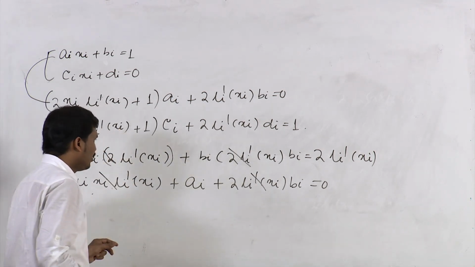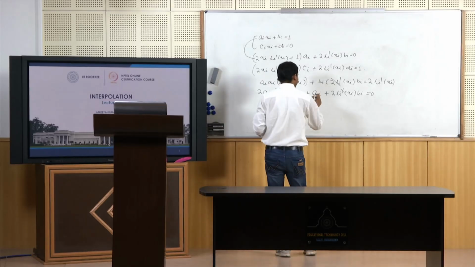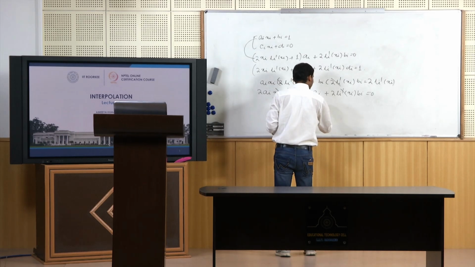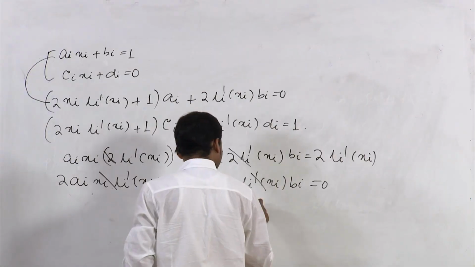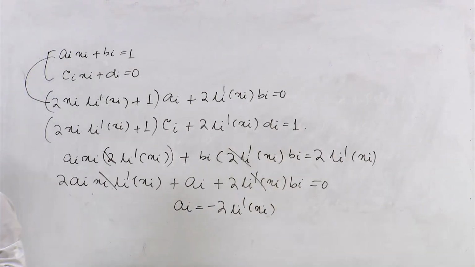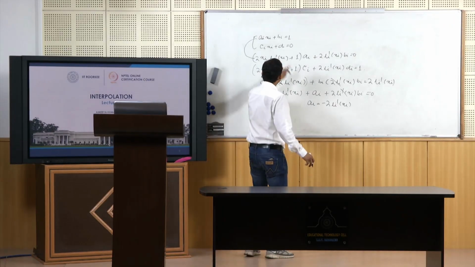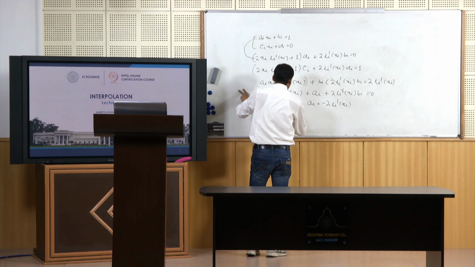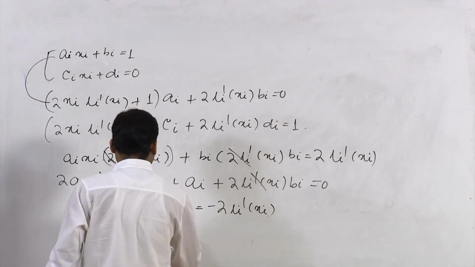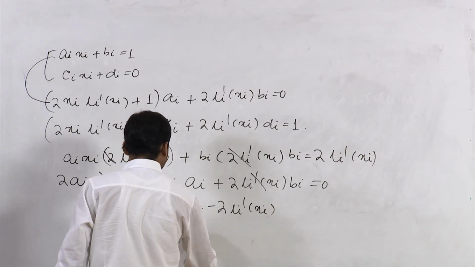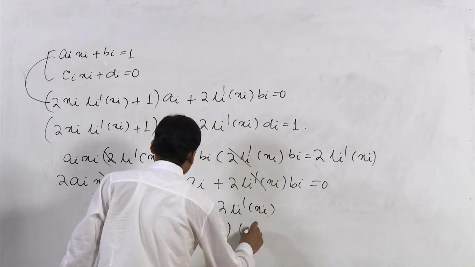So that is why we can just obtain ai as, subtract, means we can just say that minus 2 li dash of xi here. And if you will just put this ai coefficient in the first equation here, then we can just obtain bi, and bi can be written in the form of like 1 plus 2 li dash of xi into xi here.